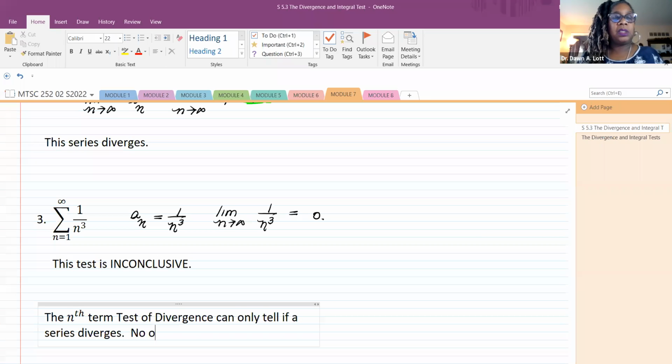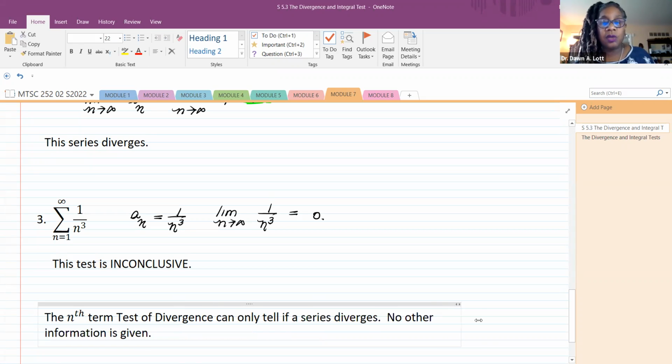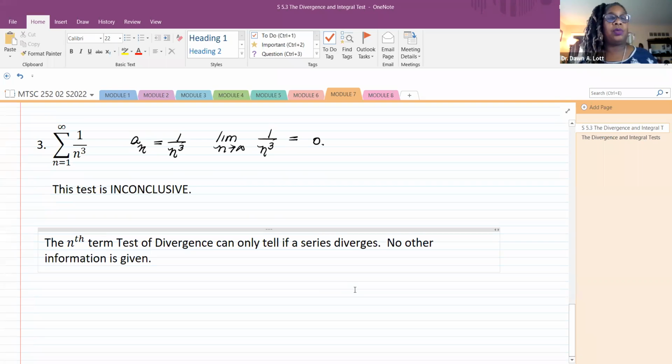No other information can be given. So it does not tell you if the series converges. We cannot learn that from this test. The only thing the nth term test of divergence can tell us is it diverges, or the test is inconclusive.